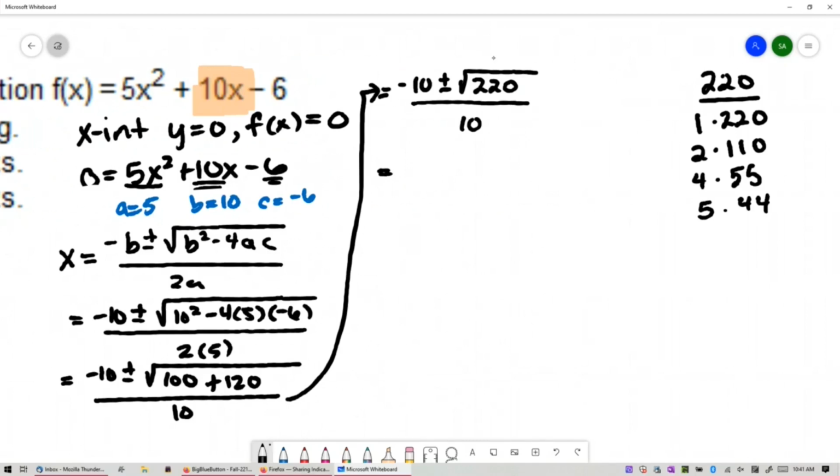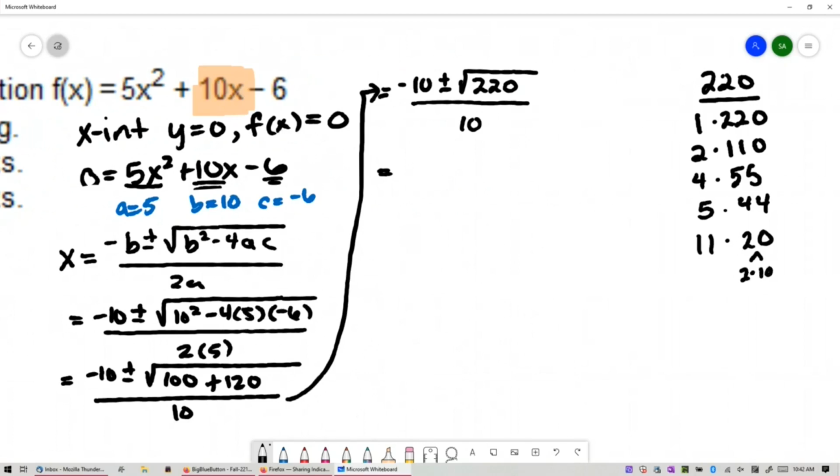6 is not going to work, 7's not going to work, 8's not going to work. How about 11? 11 times 20. And I'm trying to think if there are any more. 20 is 2 times 10.